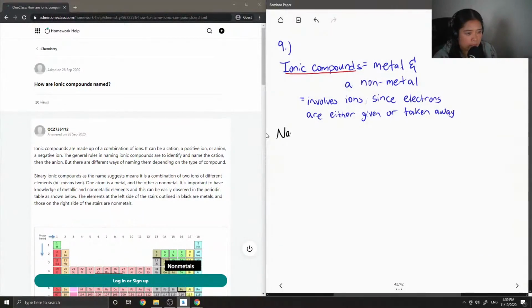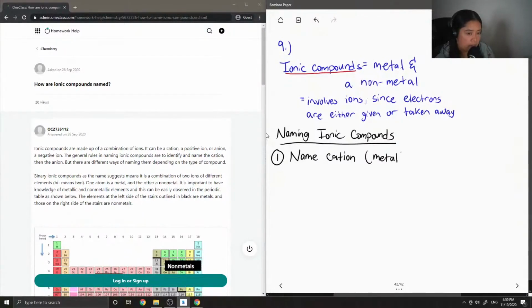So when you need to name ionic compounds, there are a couple steps. The first step is to simply name your cation, which most of the time is just the metal.